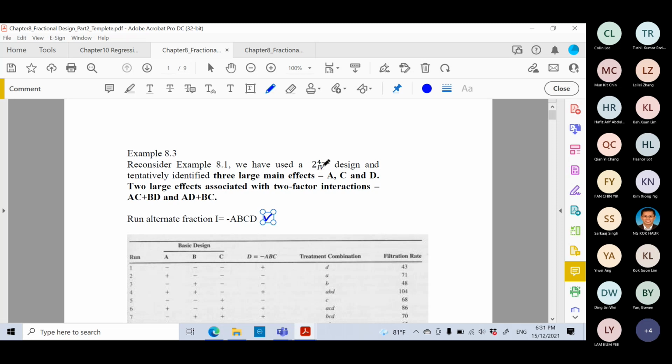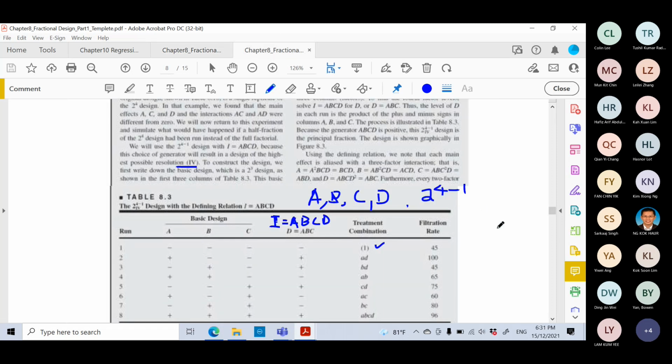We used a 2 to the power of 4 minus 1 design and tentatively identified the 3 main factors A, C, D. And the two large effects associated with the 2-factor interactions are AC plus BD and AD plus BC.